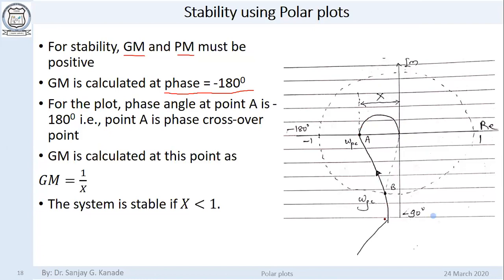Now, if you look at this point A, what is the value of phase angle at this point? It is -180, right? The phase angle in this case is -180.